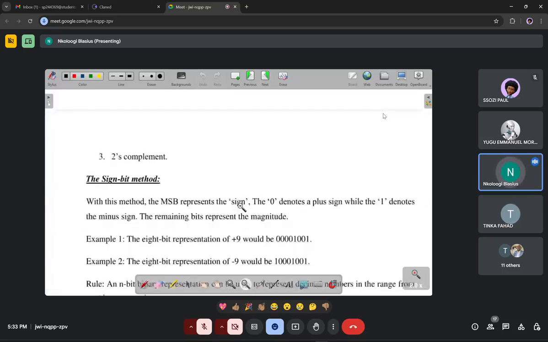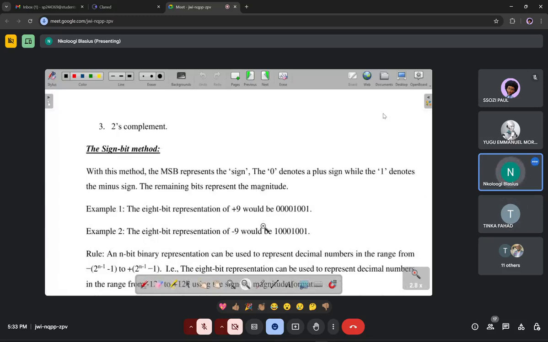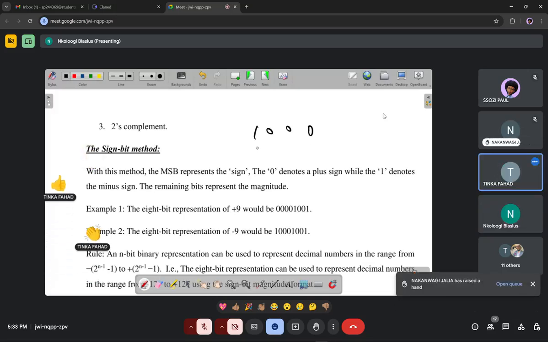I had already told you about the MSB and LSB. Who is not aware of the MSB and LSB? Who cannot identify the LSB from the MSB? Jalia, can I interact with you, please?